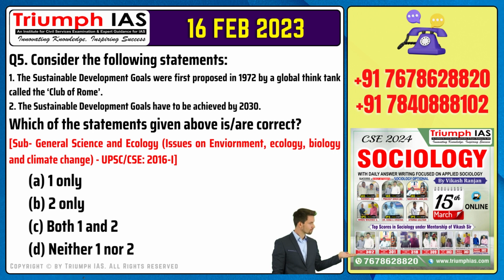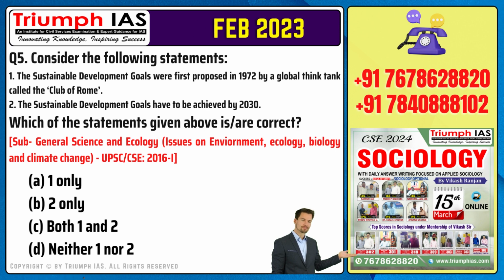The Sustainable Development Goals have to be achieved by 2030. Which of the statements given above are correct? The options are: Option A, 1 only. Option B, 2 only. Option C, both 1 and 2. Option D, neither 1 nor 2.